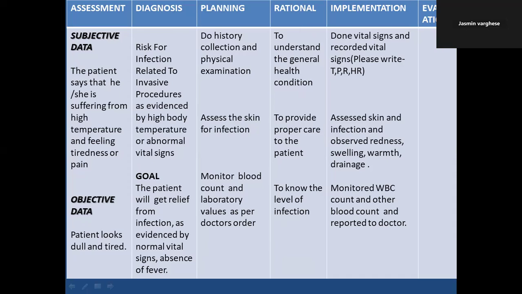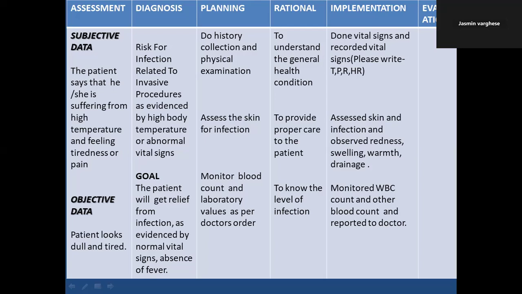First, assessment. Under assessment, you have to write subjective data and objective data. What is objective data? What you have observed. And what is subjective data? What your patient is saying about their condition, what they are feeling about their situation. So subjective data means what the patient is saying about their condition, and objective data means what you have observed from the patient's situation.